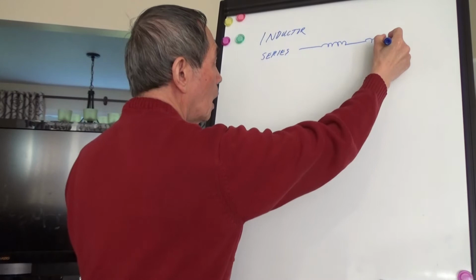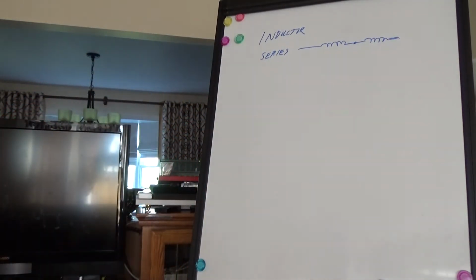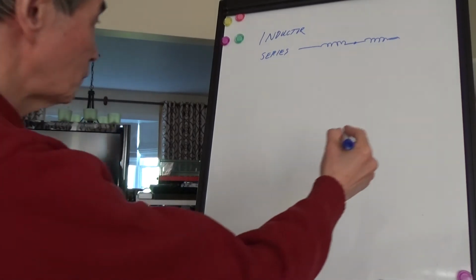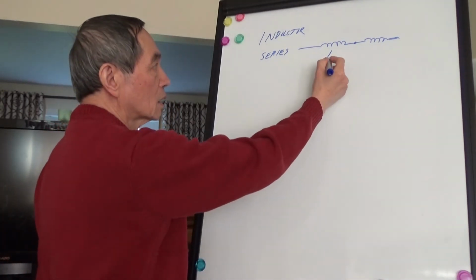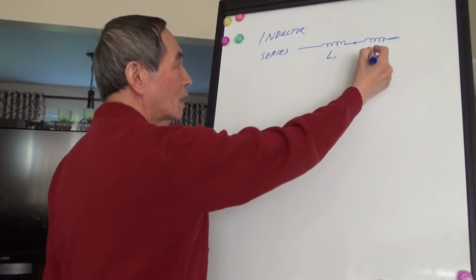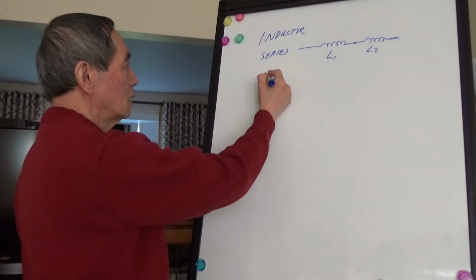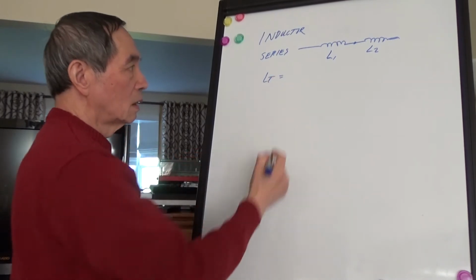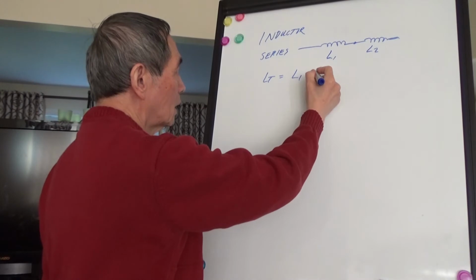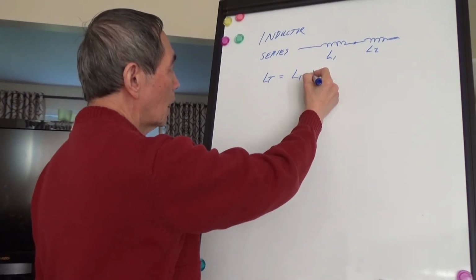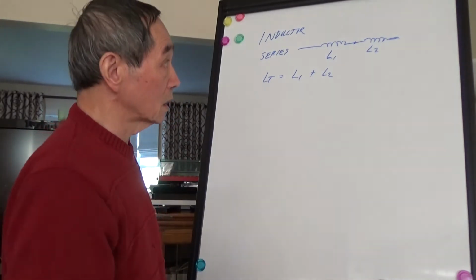The inductor we term as L, so L1, L2. The total inductance would be L1 plus L2, same as the resistor.